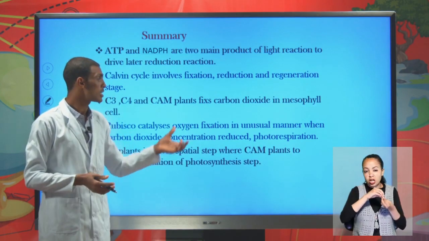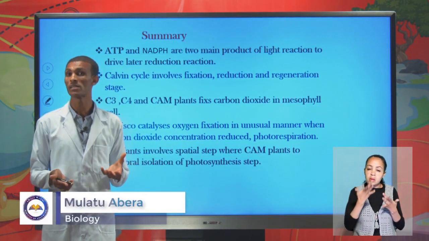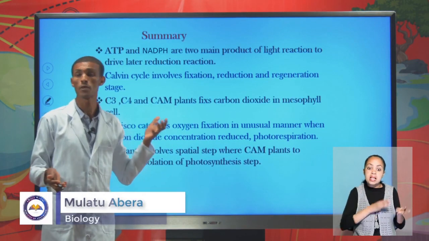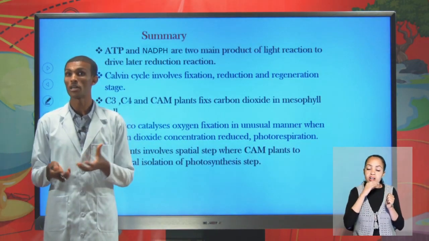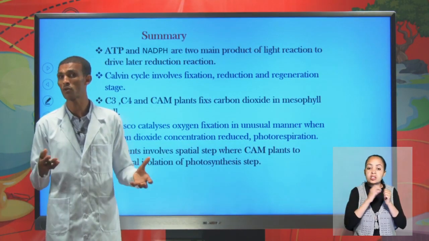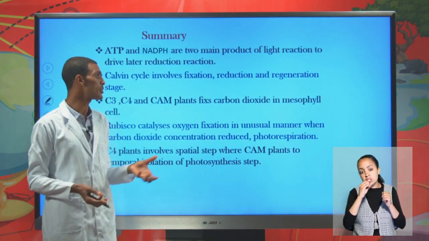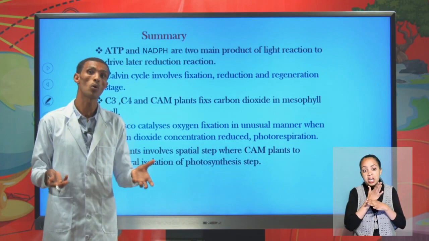Additionally, C3 plants may experience a system by which Rubisco can catalyze both oxygenase and carboxylase reactions, with oxygen and carbon dioxide respectively, when the condition in the leaf becomes hot.